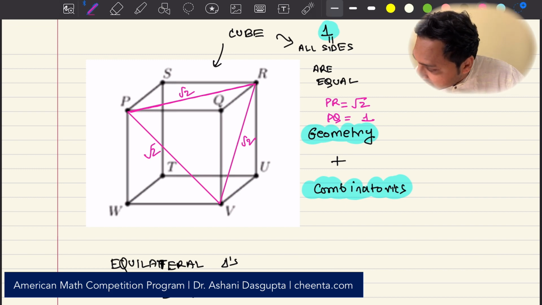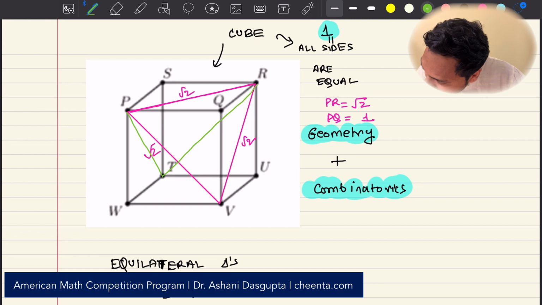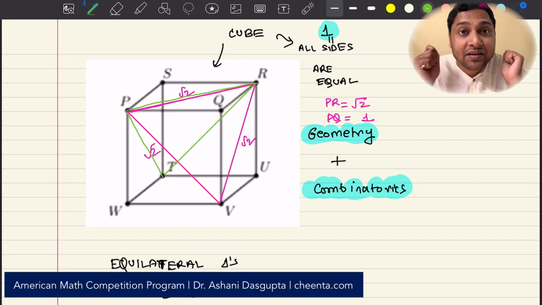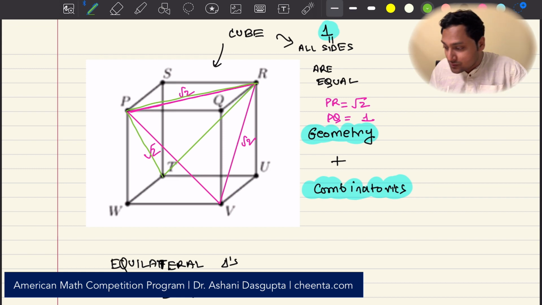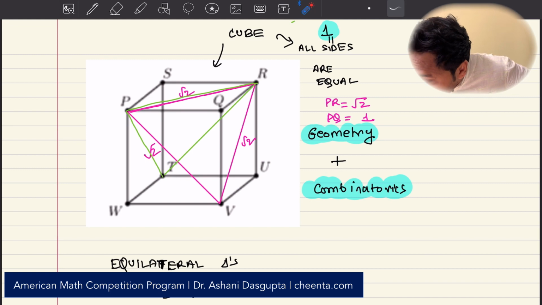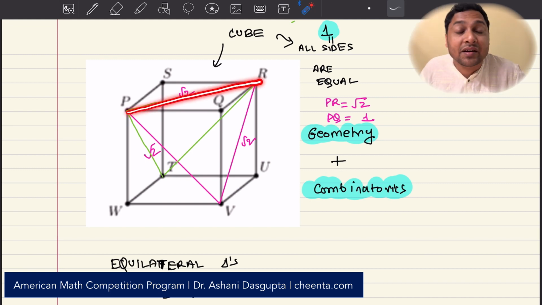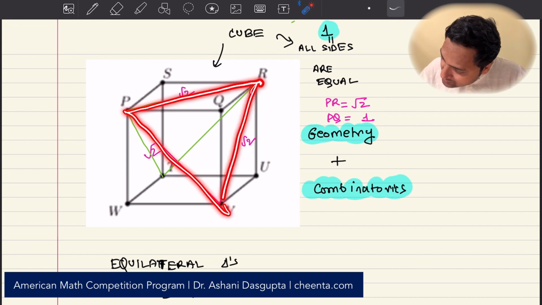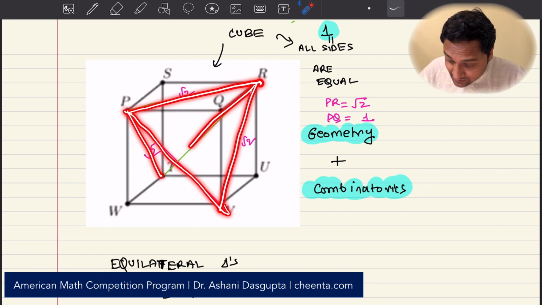What we could do is, we could have also taken PTR. That is also an equilateral triangle. Root 2, root 2, root 2. So corresponding to one diagonal coming out of P, we have exactly 2 equilateral triangles.